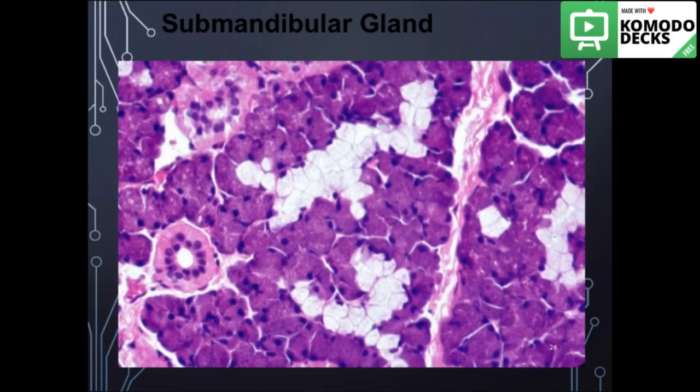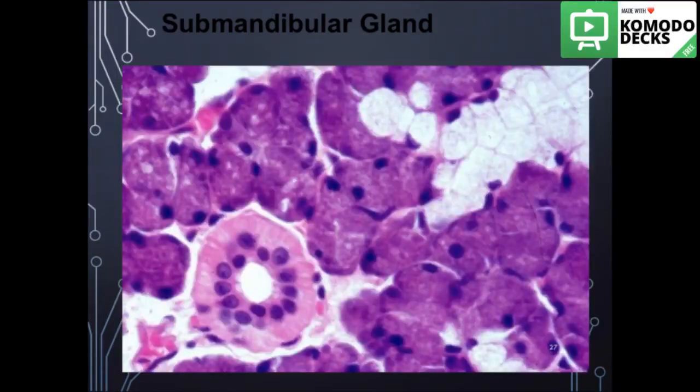We see striated ducts that have columnar epithelium. More obvious are the striated ducts in between the serous acini and the mucus pale acini. The mucus cells look very clear under the microscope.